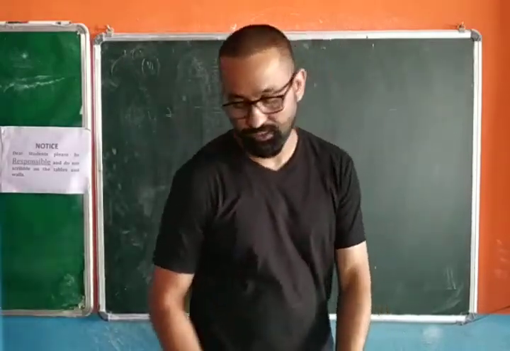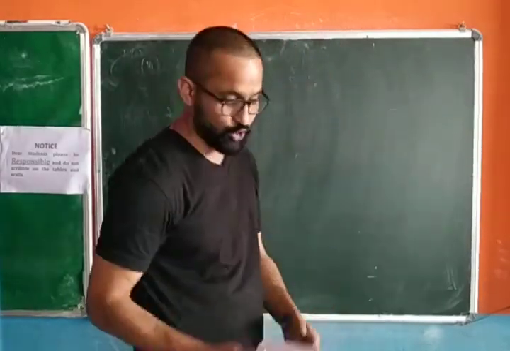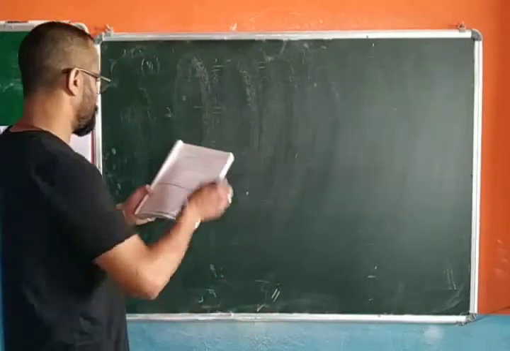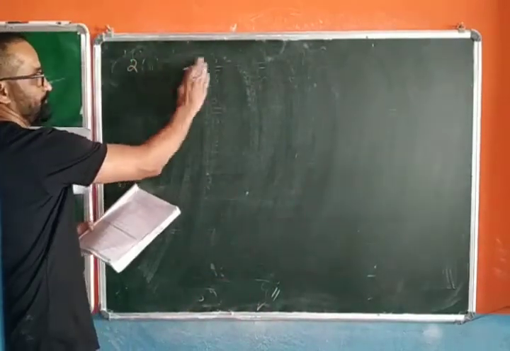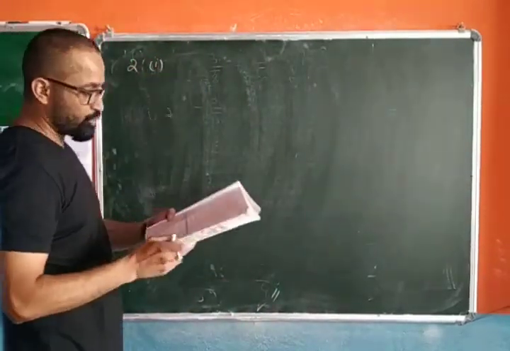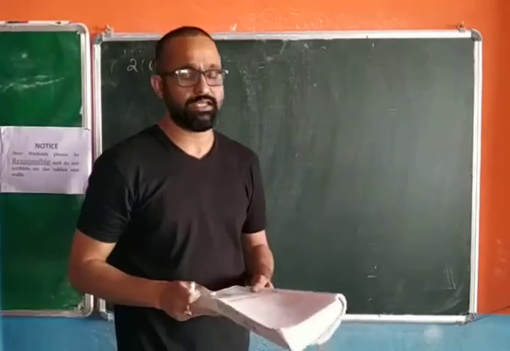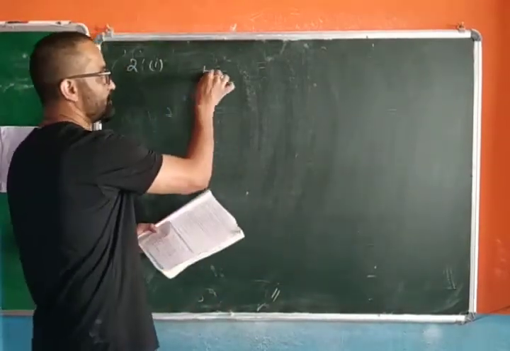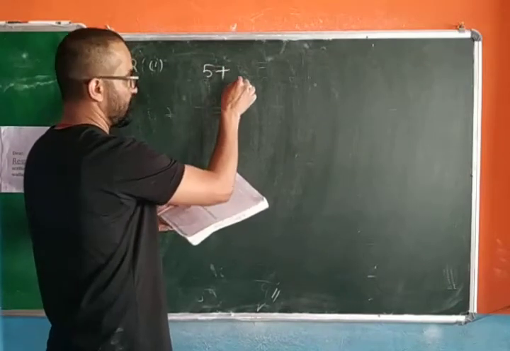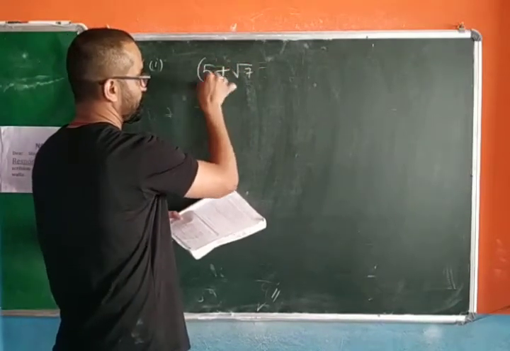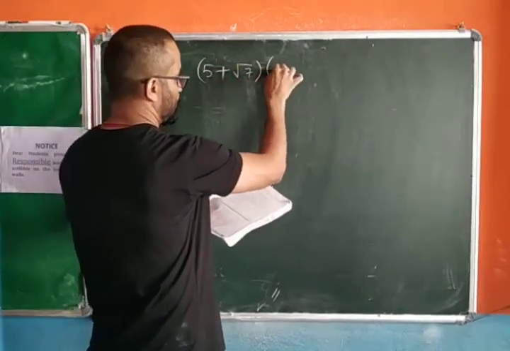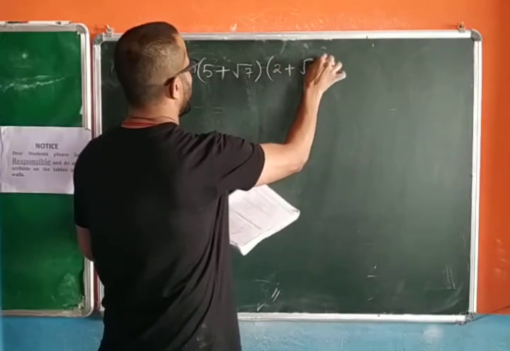Look at the sum. Question number 2, part 1. The question says again simplify it. It is 5 plus root 7 into 2 plus root 5.